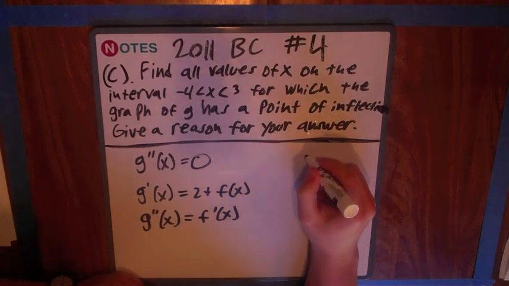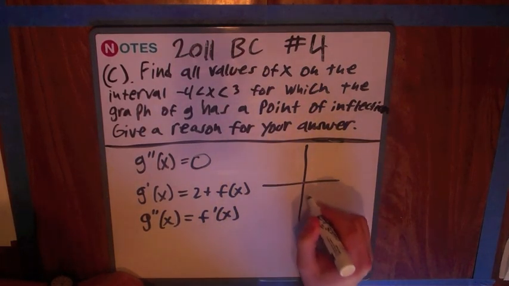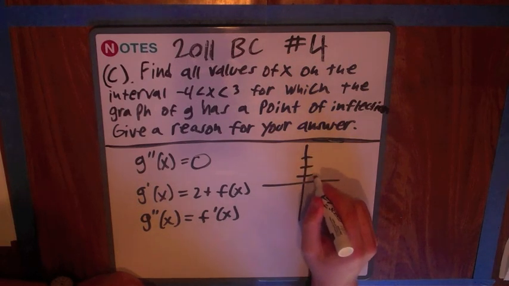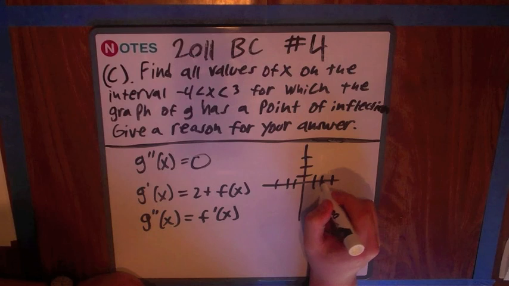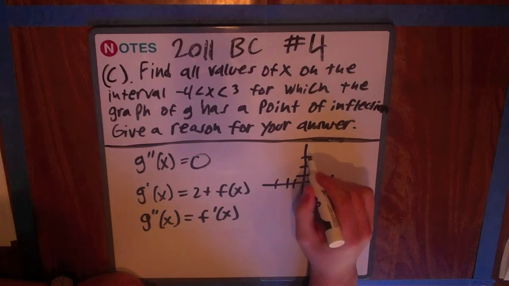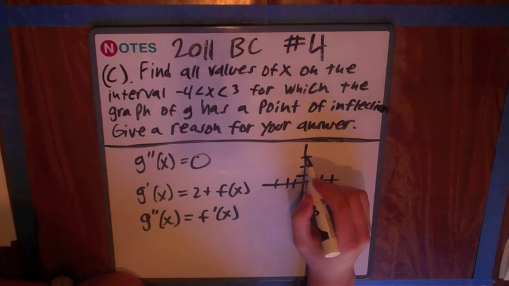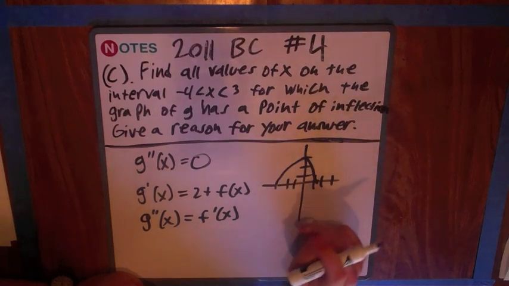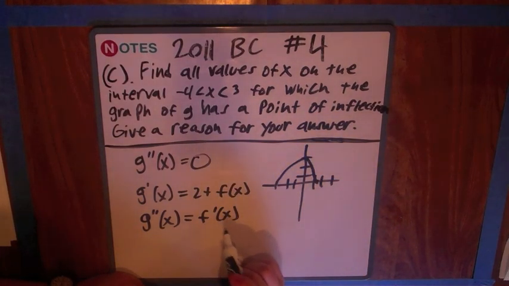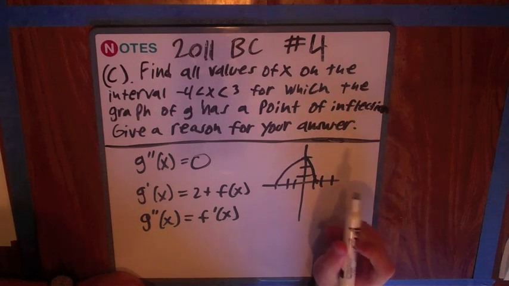So the derivative of this is G prime prime of x equals f prime of x. So looking back at our graph, which looks something like this. We're looking for when the derivative of the graph goes to 0.